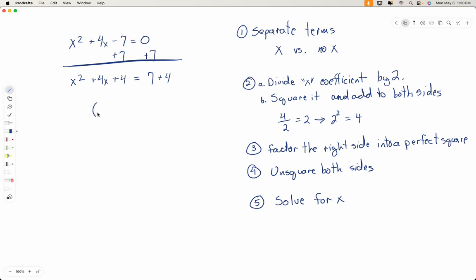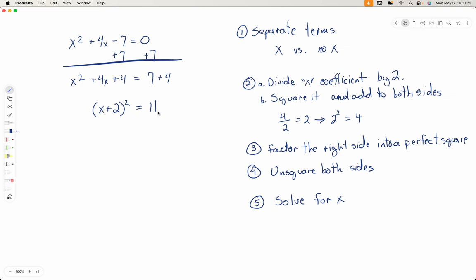So this factored is going to be x, and then whatever this number is, squared, all in parentheses, right? So this is this. This is this. We're just simplifying.